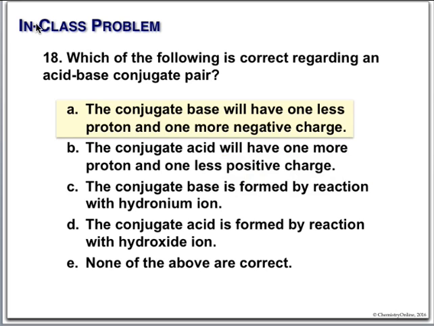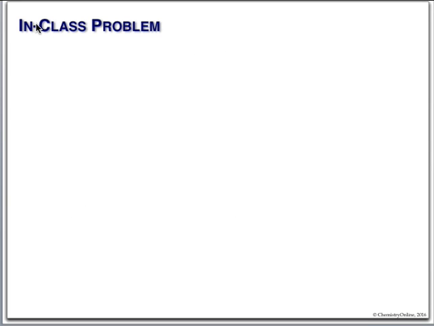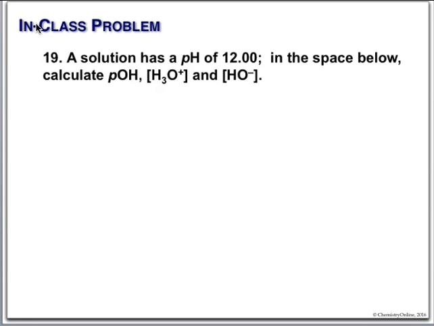All right, I will promise you that you will have a question exactly like this on the exam. You'll have a space, and you will show me how you calculate pOH, hydronium, and hydroxide. Now our pH here is 12.